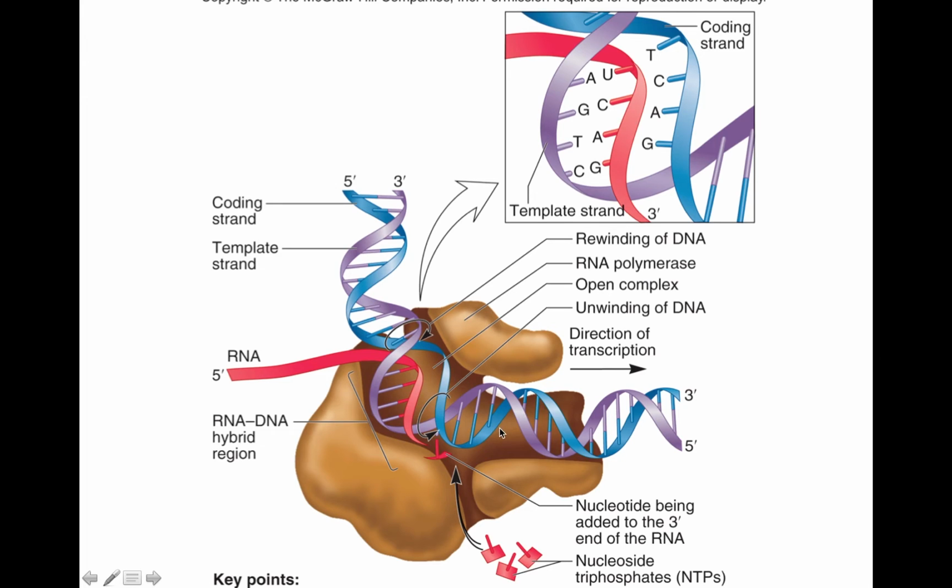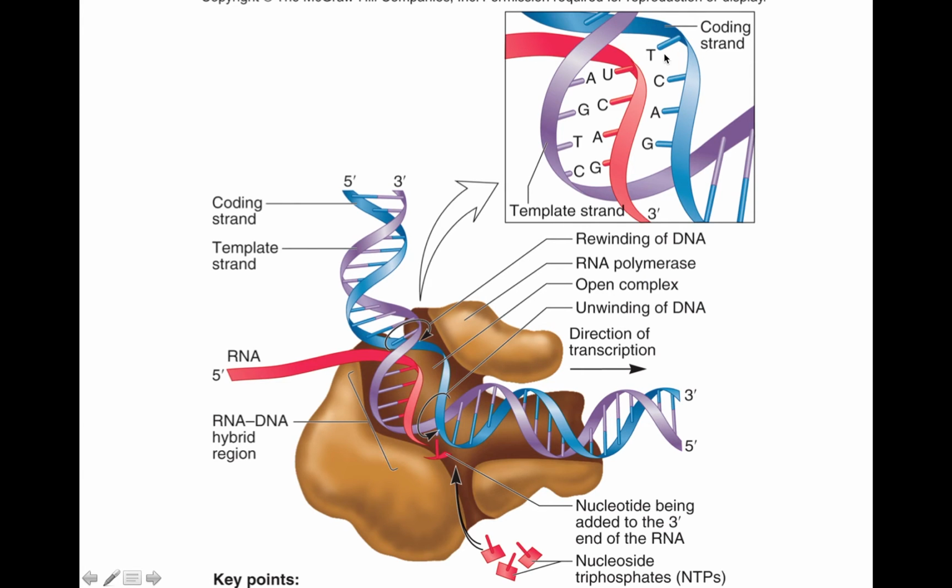RNA polymerase has a couple of very interesting features. It unwinds the DNA upstream, and downstream it will rewind the DNA back again. If we look at this transcription bubble up here, we notice that we have labels for the two DNA strands. One of the two DNA strands is called the coding strand.